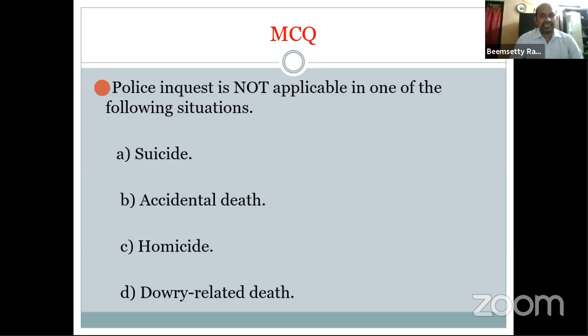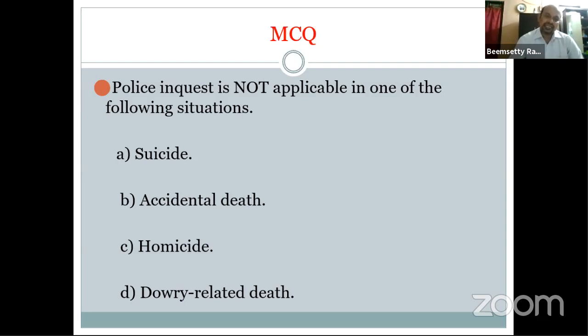Police inquest is not applicable in one of the following situations. Many of you will find it easy; I'm just giving some idea so that it will be clear. A, suicide. B, accidental deaths. C, homicide. D, dowry related deaths.